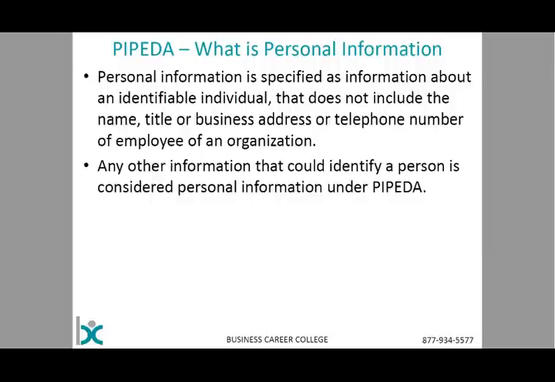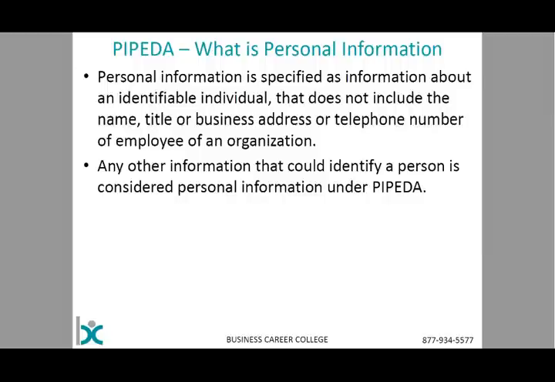We're going to take a look again at what personal information is specifically under PIPA. So personal information is about an identifiable individual and doesn't include their name, their title, or business address or business telephone number of an employee of an organization.